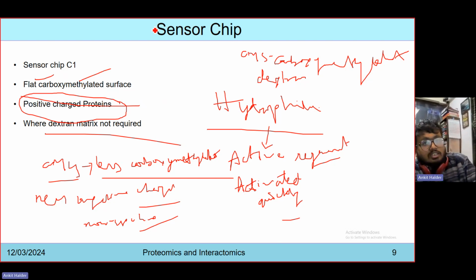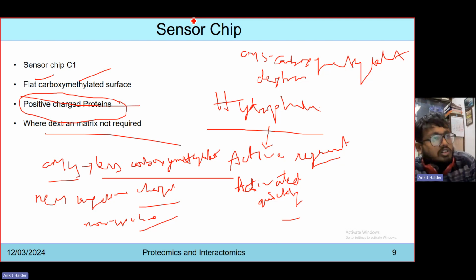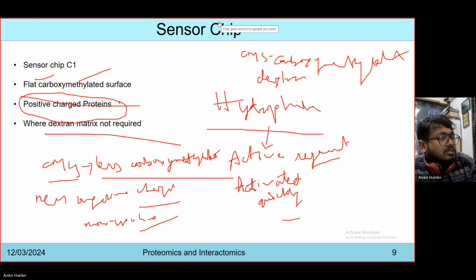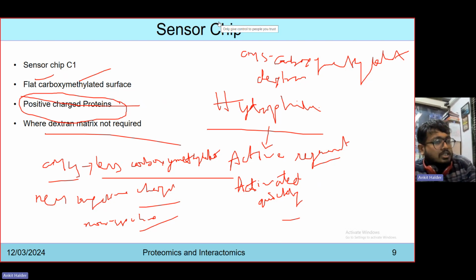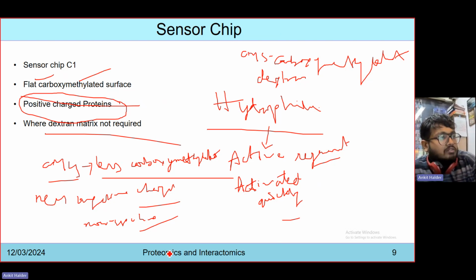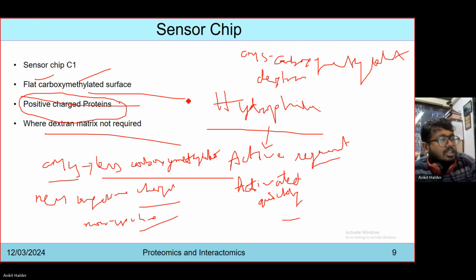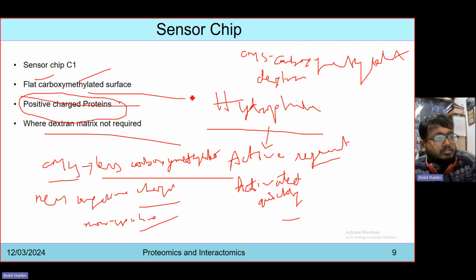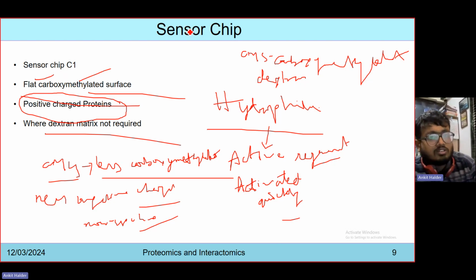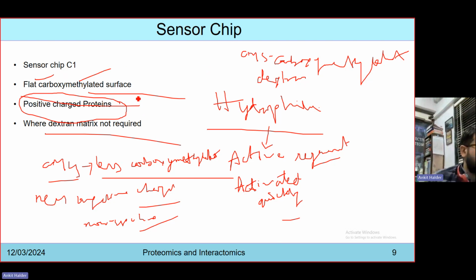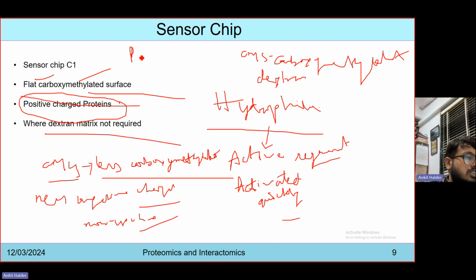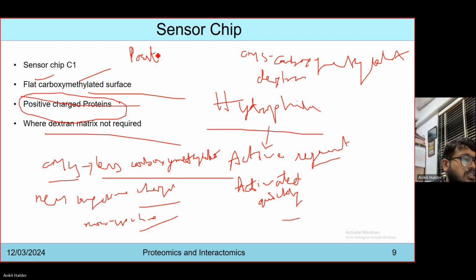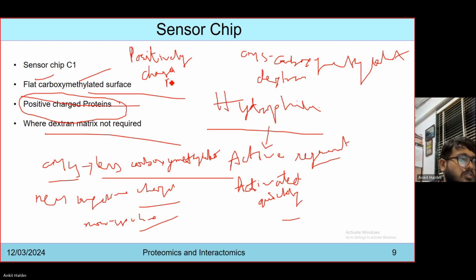Till now, in CM5 and CM4, it was the carboxymethylated surface with dextran, but here it is the flat carboxymethylated surface without any dextran matrix, and it is used for positively charged proteins.